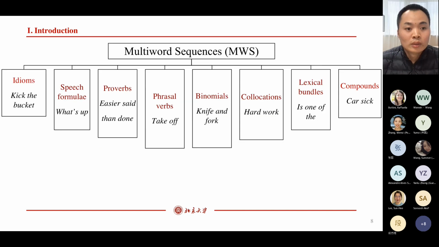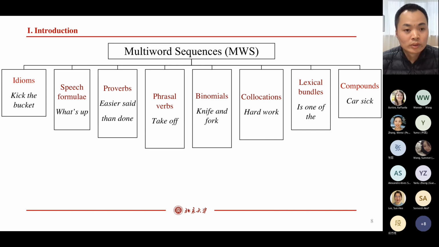So what are multi-word sequences? Multi-word sequences are word combinations that are used frequently in our daily use of language, and they come in different categories, for example idioms, speech formulae, proverbs, phrasal verbs, binomials, collocations, lexical bundles, and compounds. Some people think compounds belong to multi-word sequences as well.